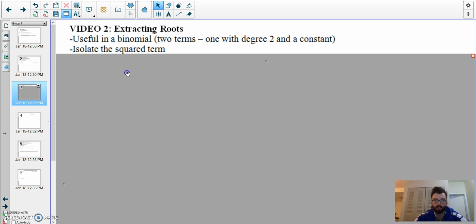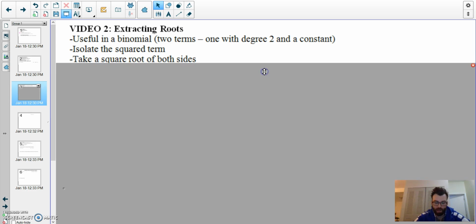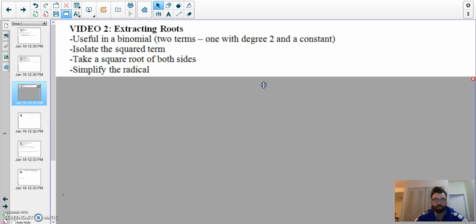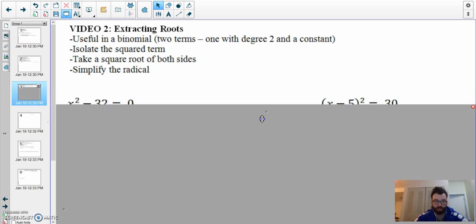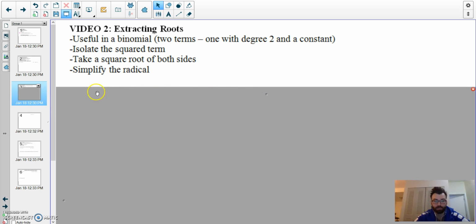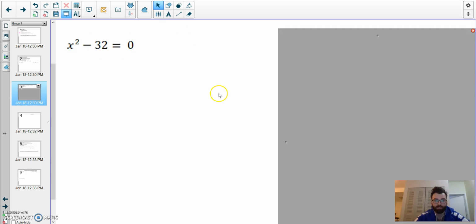It's very important that our next step is to isolate our squared term, whether that squared term is just an x squared or a binomial squared, like an x plus 1 quantity squared. After that, we want to take the square root of both sides, simplify our radical if possible, and then get our answer. For sure. So first off, here we go.